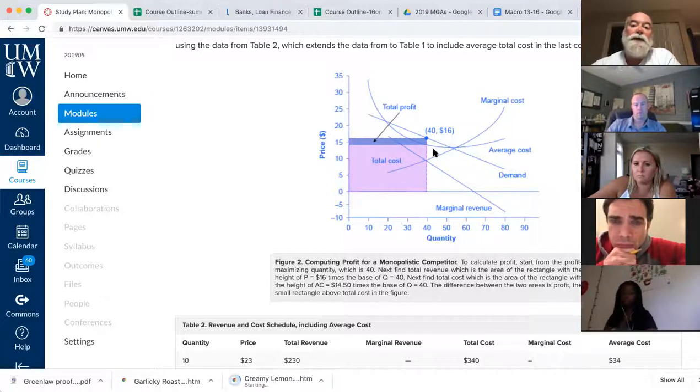The total cost is going to be average cost, which is 14, times the quantity, which is 40. So that's that purple area across the bottom. The difference between total revenue, the big rectangle, and total cost, the lower rectangle, is the little sliver across the top. That's profit. So this firm is looking pretty good because they're making a positive economic profit.